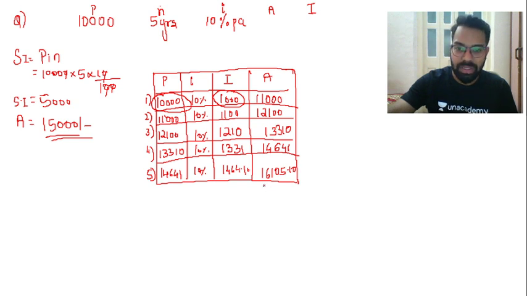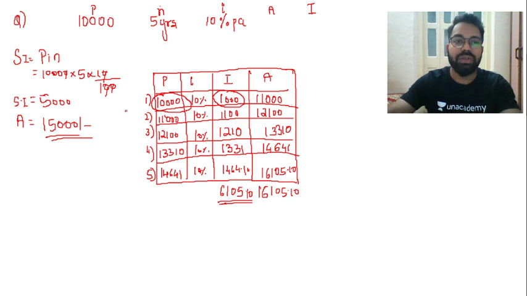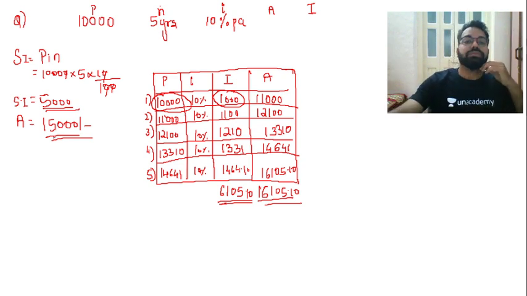The total interest that you earn is, this is the amount 16,105.10, and the total interest is this minus this, which is 6,105.10 paise, which is more than the 5,000 that you're earning here, and the total amount is greater than the simple interest amount that you're earning here, which is 15,000 rupees.